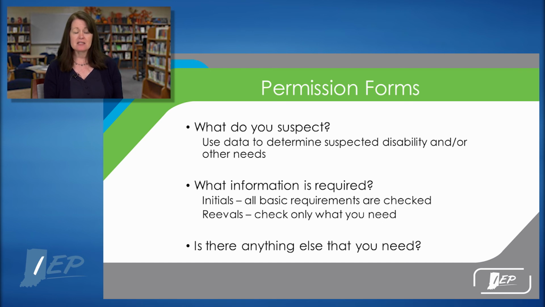If that is the case, you will still have a cognitive assessment listed on your permission form, but you will be reviewing the data of that instrument that has already come your way as part of the evaluation. So it doesn't mean that we have to necessarily conduct tests in every area that's marked. It means we need to have data in every area that is marked.